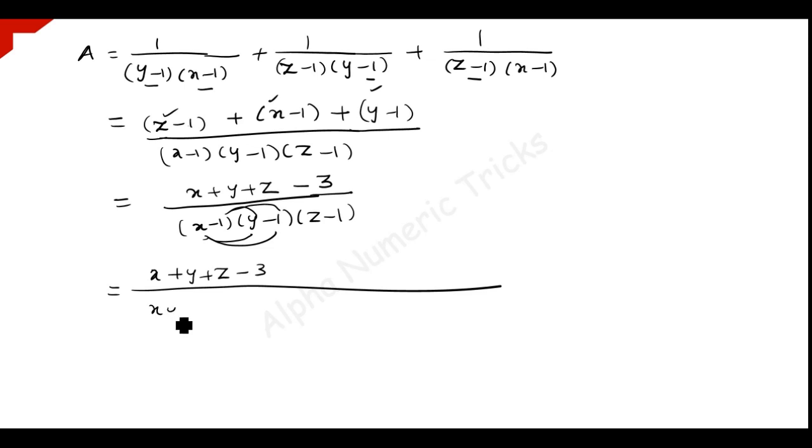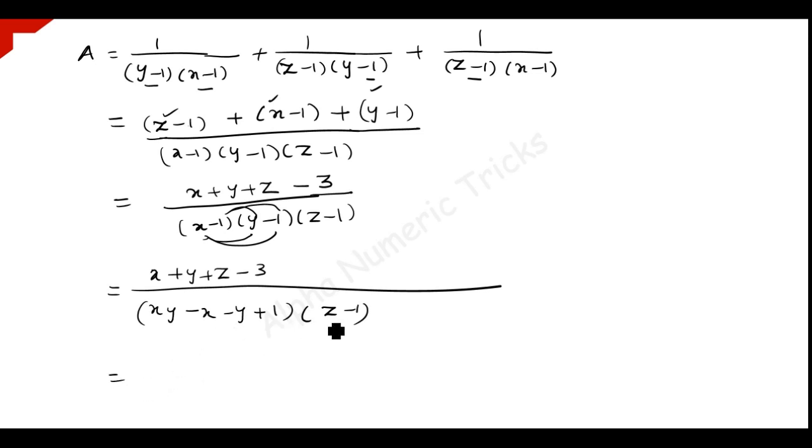So xy minus x, since x into minus 1 is minus x, and minus y plus 1. 1 times 1 is plus 1, times you have z minus 1.